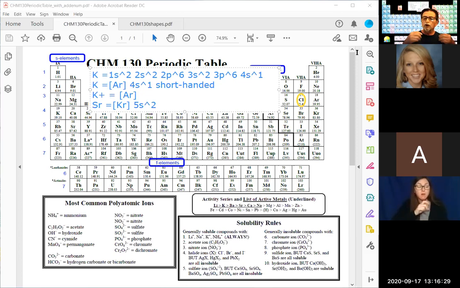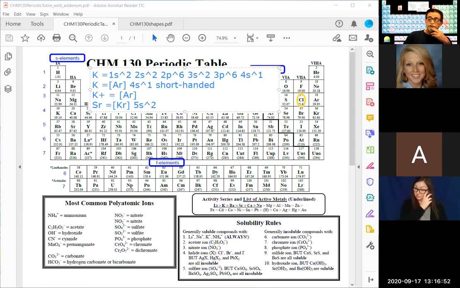If it's a non-metal, it will always gain electrons. And when that happens, it fulfills the octet rule. And that is the driving force when these compounds are being made, by losing or gaining electrons depending on the elements.